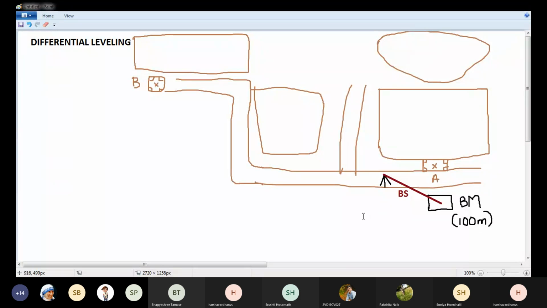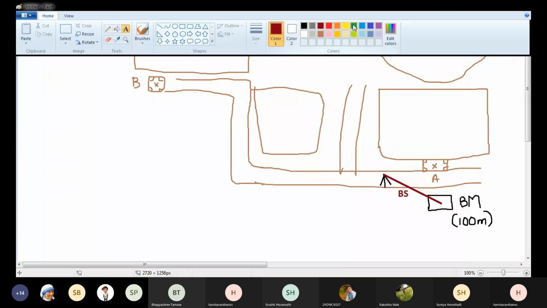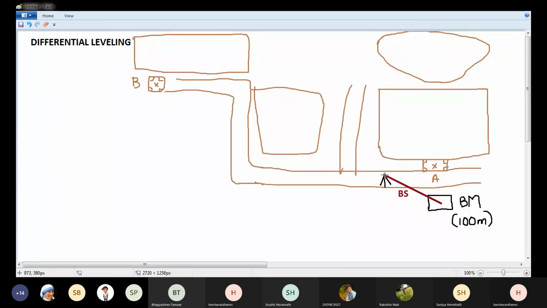Next, I want to measure elevation of point A. So I have to take staff reading on point A. I'll keep a staff on point A and I'll take staff reading from my leveling instrument. Do I know what is the elevation of point A?